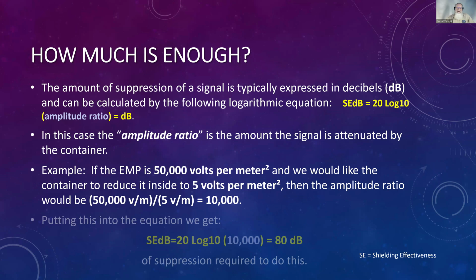We deal with decibels to calculate the suppression level, and so we would need a container to attenuate the 50,000 volts by 80 dB.